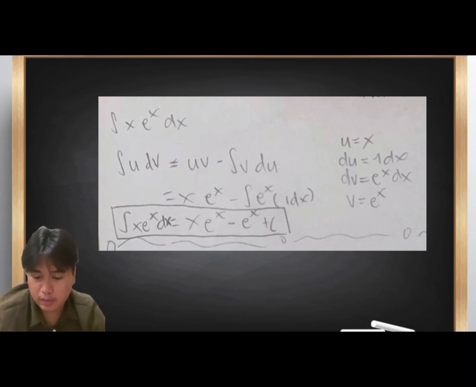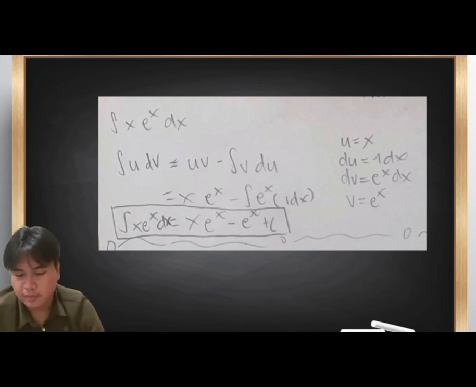Now we integrate: x e^x minus the integral of e^x times 1 dx, which is e^x. Since we are done, we just have to add our arbitrary constant, which is c. So our final answer is the integral of x e^x dx is equal to x e^x minus e^x plus c.